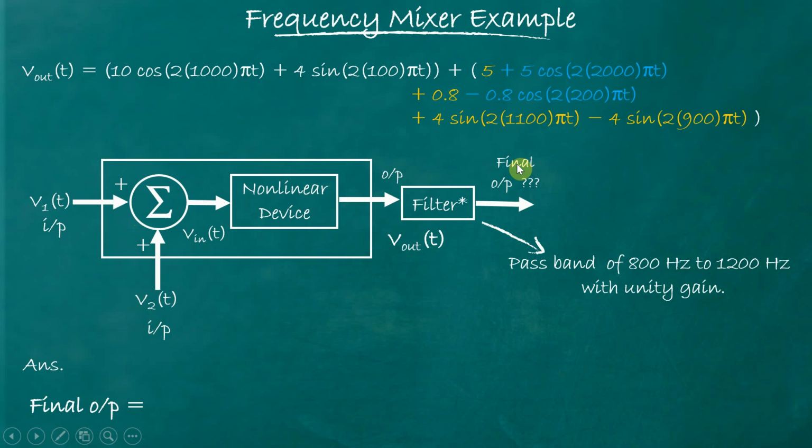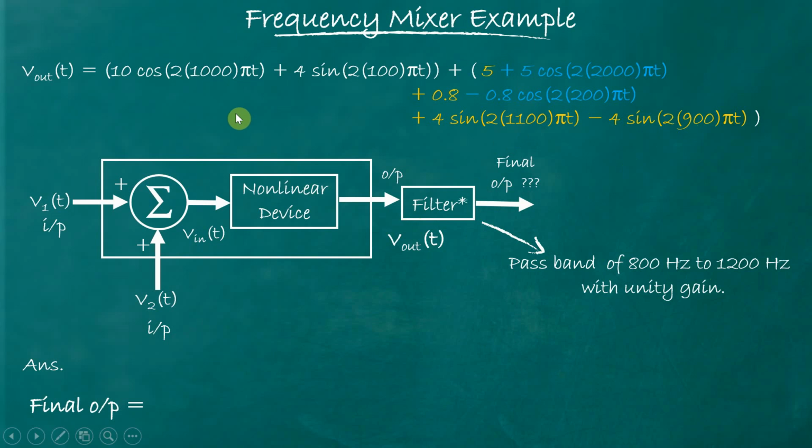From this output signal, there are different frequency components, 1, 2, 3, 4, 5 and 6 frequency components are present. Out of 6, how many will pass through the filter? Those frequency components within this range will be passed by this filter and the remaining will be attenuated by the filter.